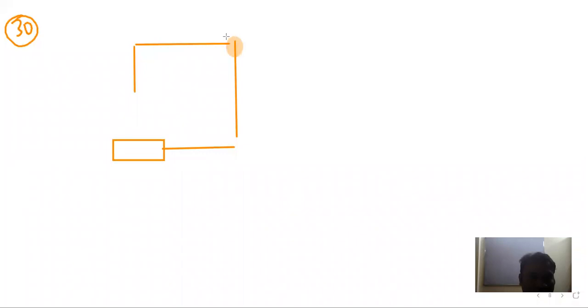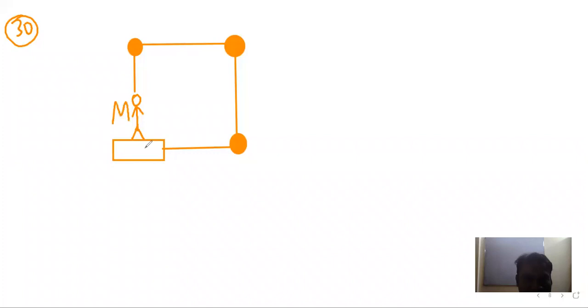So this is pulley number 1 here. This is pulley number 2. And we have a man here. And this is pulley number 3. So this is the system which we are given.